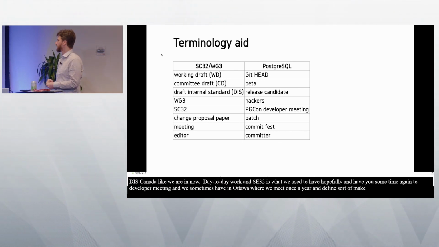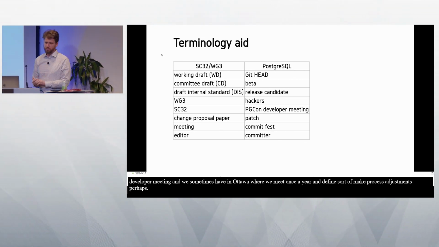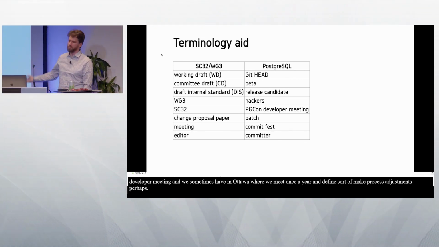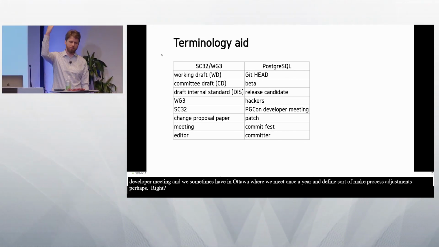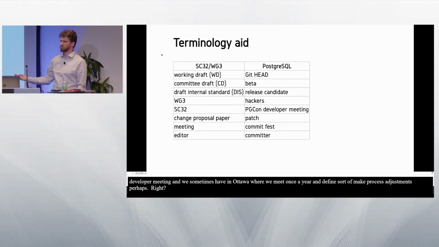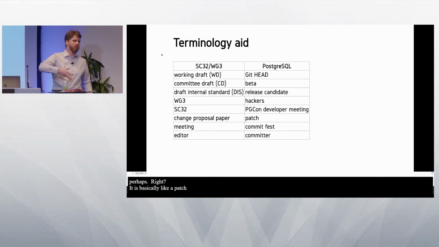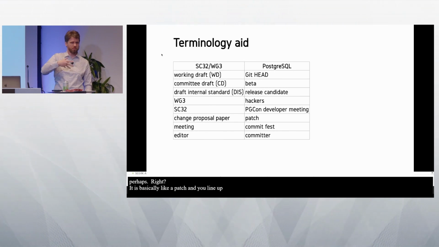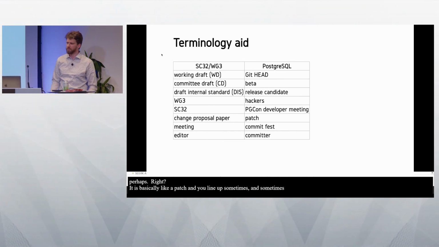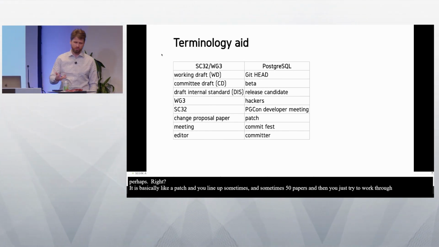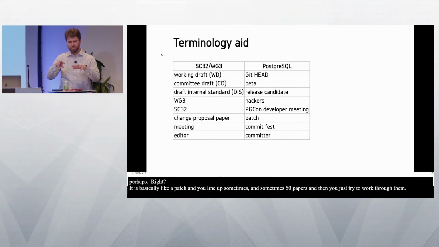The change proposal paper I just showed is basically like a patch, and then the meeting is like the commit fest. You line up sometimes 20, sometimes 50 papers, and then you try to work through them. And then the editors are the people who do the final commits.